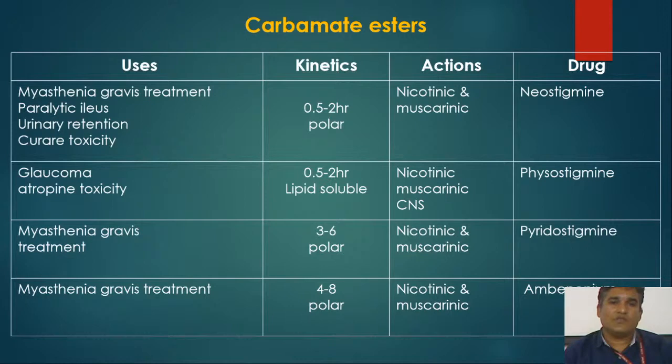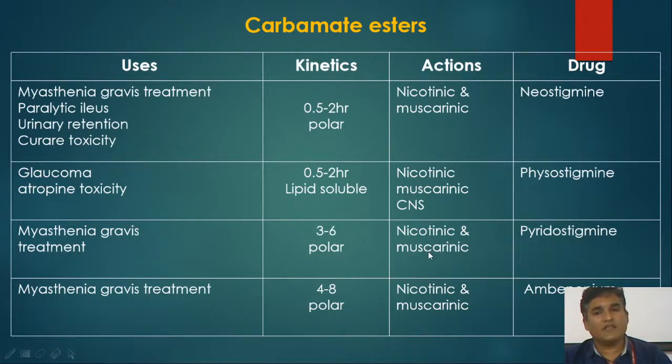We can summarize the uses of carbamate esters: myasthenia gravis, paralytic ileus, urinary retention, and ocular conditions, and these are the kinetics. These act on both nicotinic and muscarinic receptors. The half-life is 0.5 to 2 hours, and the drug is neostigmine. We discussed physostigmine, a lipophilic drug with a similar half-life, used in a similar way for atropine toxicity and glaucoma.